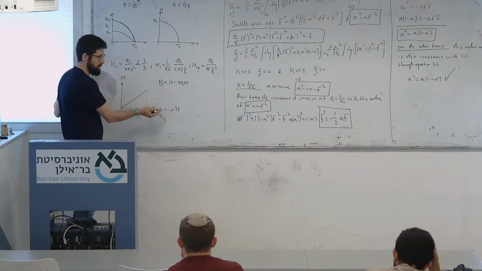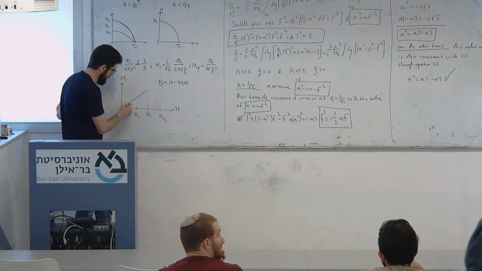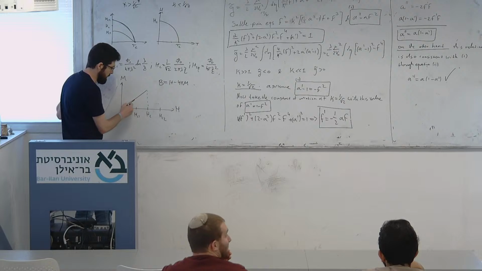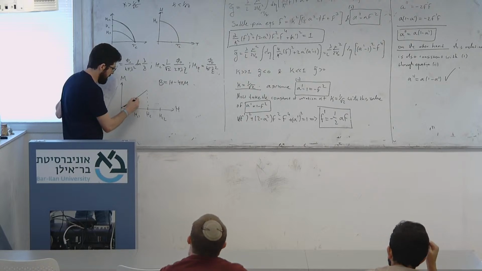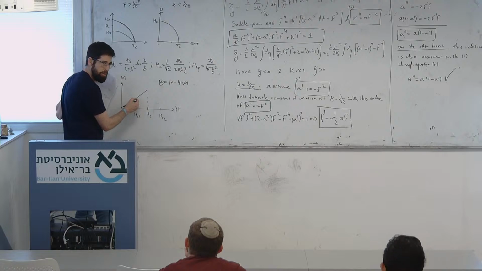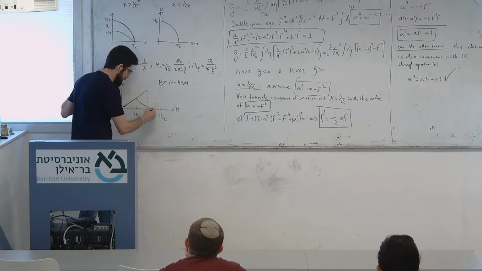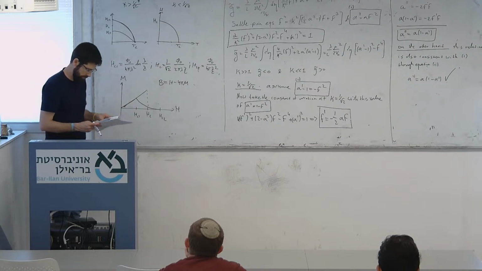And this abruptly stops at TC. But if you have a type 2 superconductor, then something else happens. It basically goes up all the way to HC1, but at HC1, vortices start to penetrate into the sample, and we have a behavior that looks like this. Okay?